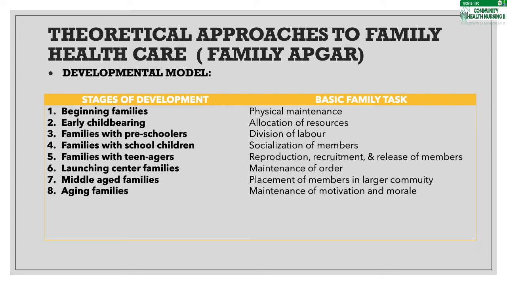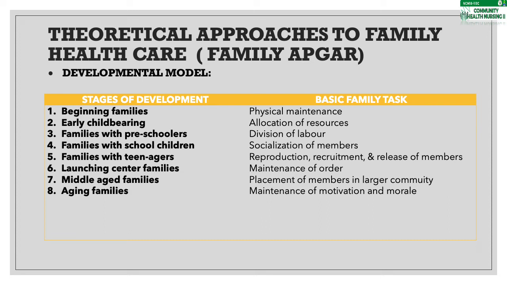Okay? So, we have here the beginning families, those who are just starting. The basic family task is health maintenance. After that, in the childbearing stage, we must allocate enough resources for our growing family.